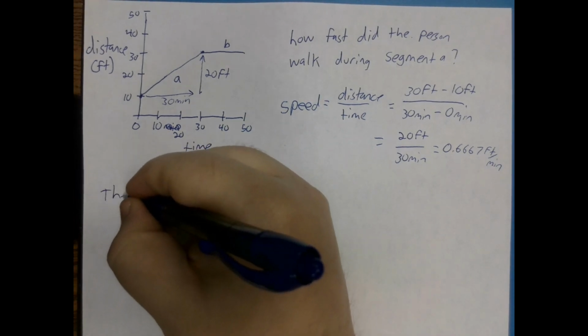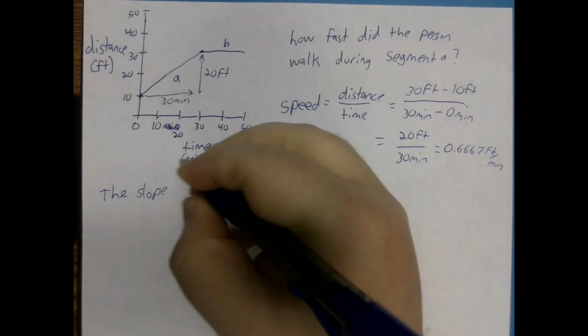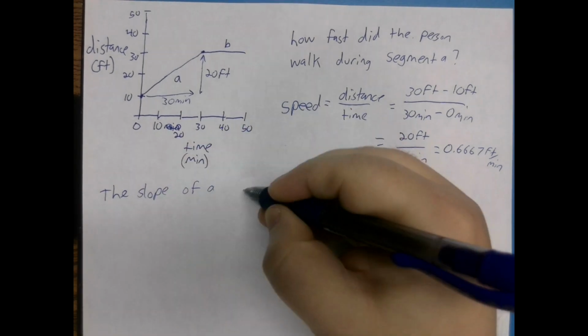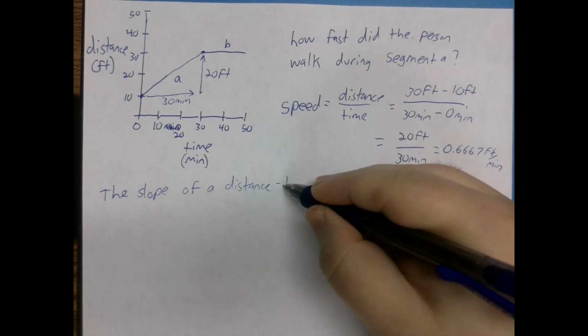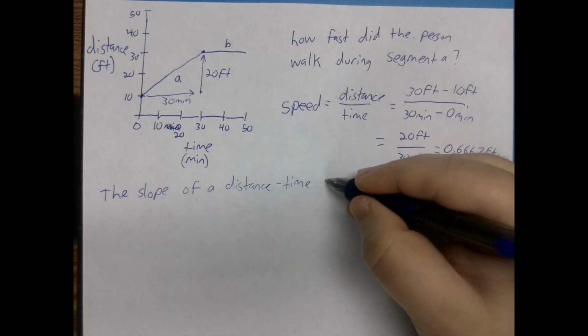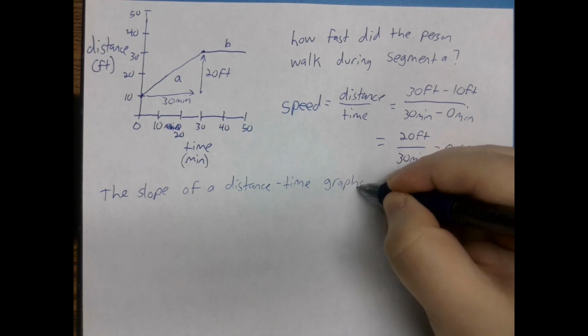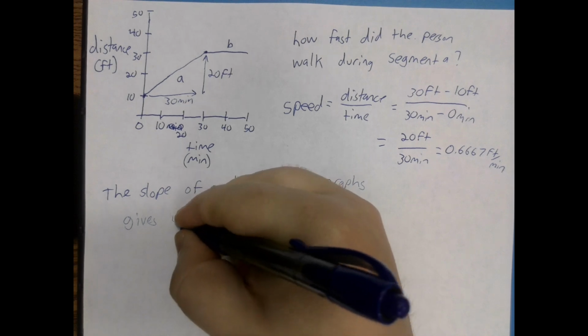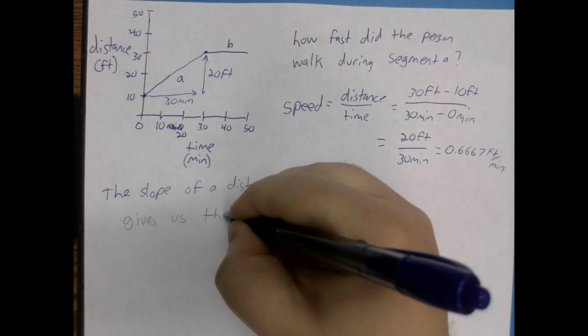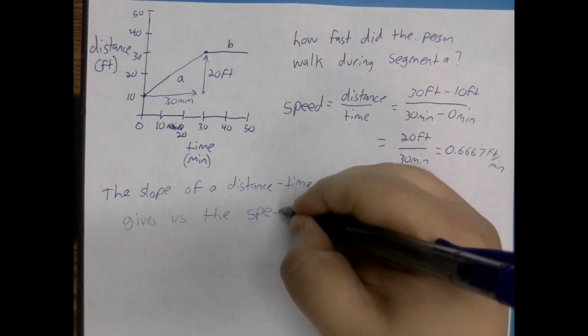So the slope of a distance time graph gives us the speed.